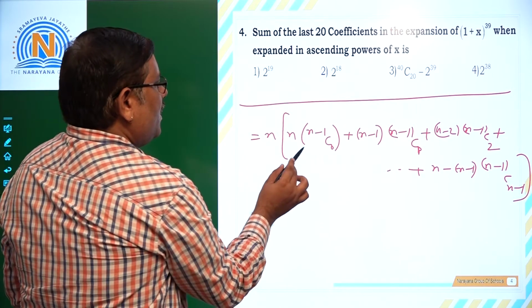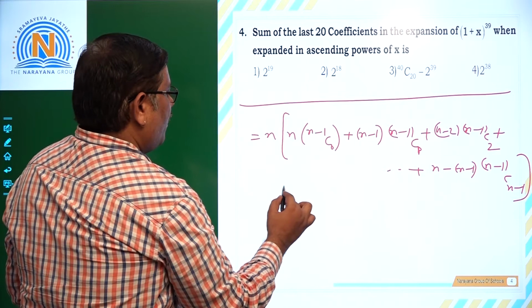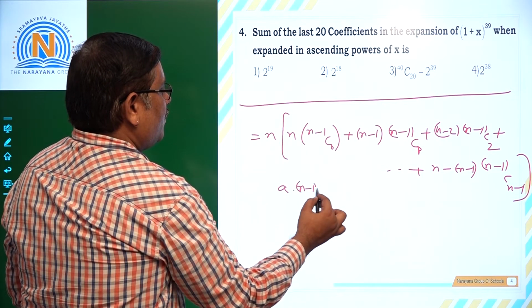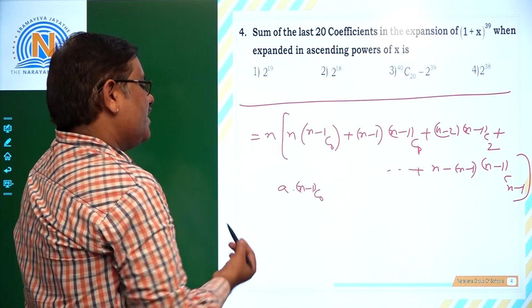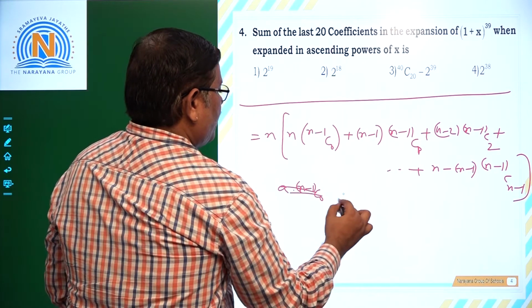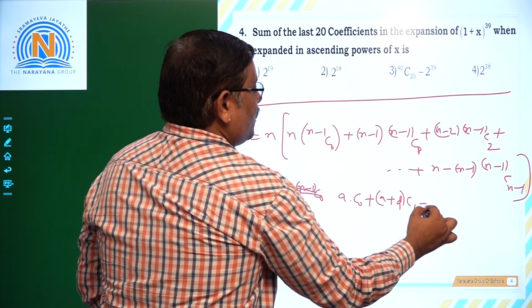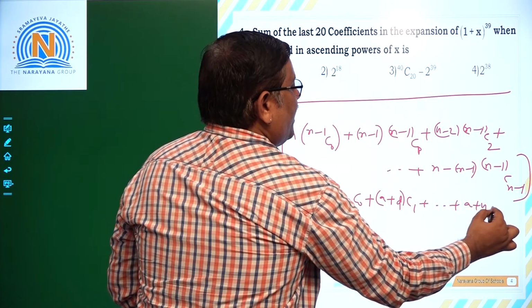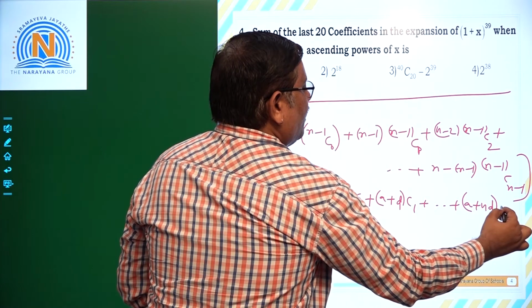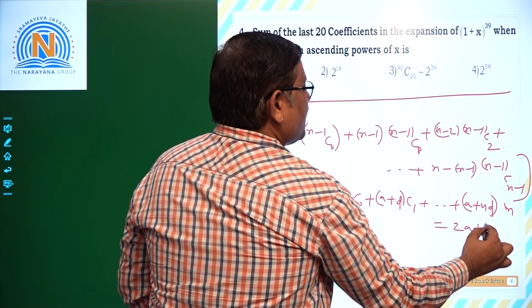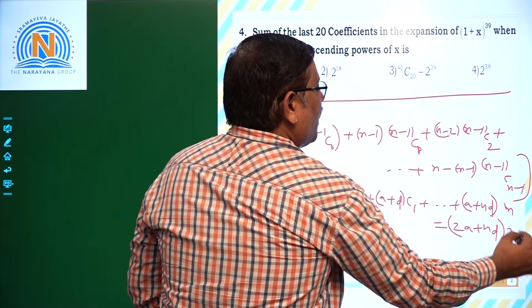Otherwise, if you look at that, it is in the form of a into n minus 1 c0, otherwise let me write like this: a c0 plus a plus d c1 plus so on plus a plus nd times of cn. That is going to be 2a plus nd times of 2 power n minus 1.